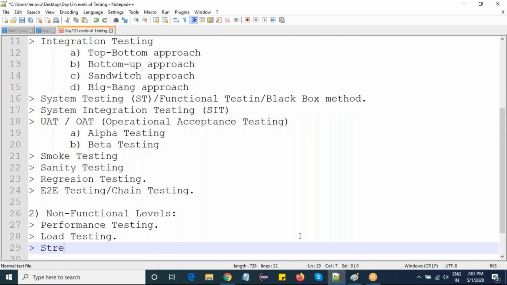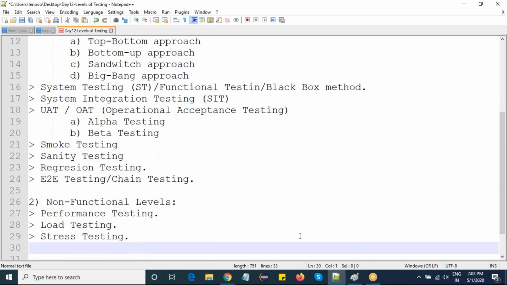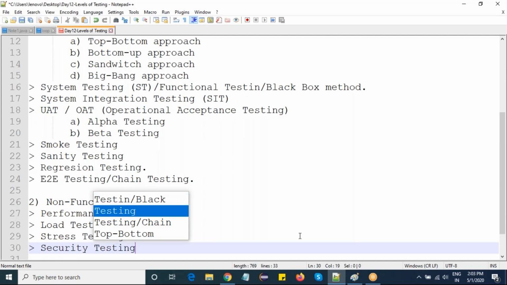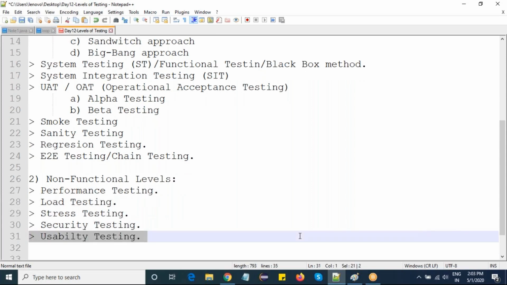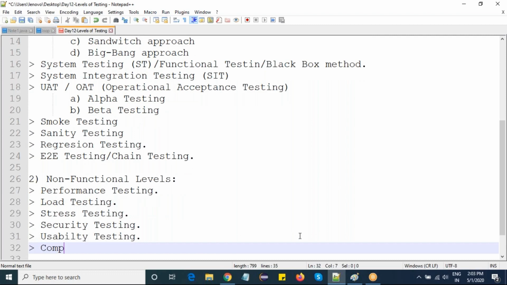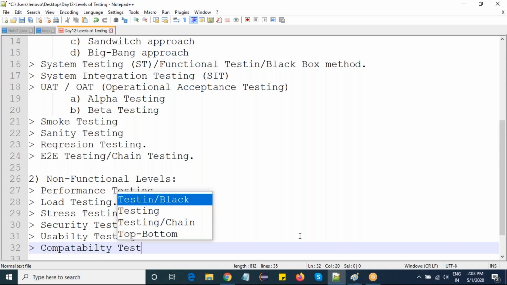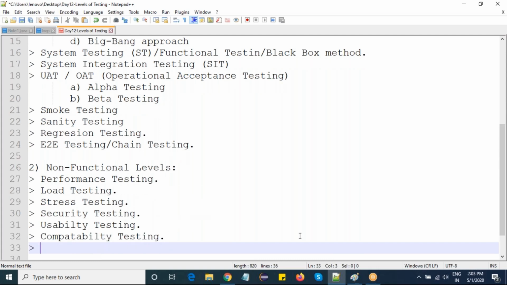All these are stress testing, security testing, usability testing, compatibility testing, reliability testing, and we have n number of things, etc. So these are the non-functional levels.